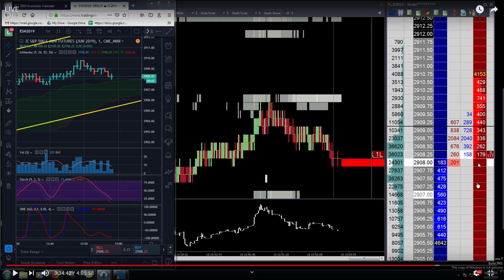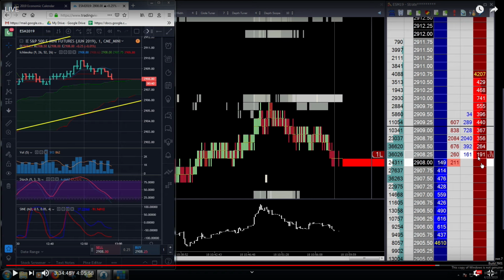Watch carefully. I'm going to fast react, and I'm going to get in at this price because I know I can't get this price. See how I'm covering this price with my mouse here?